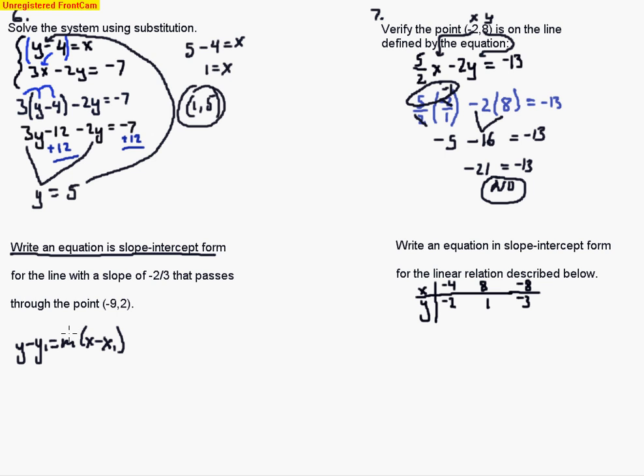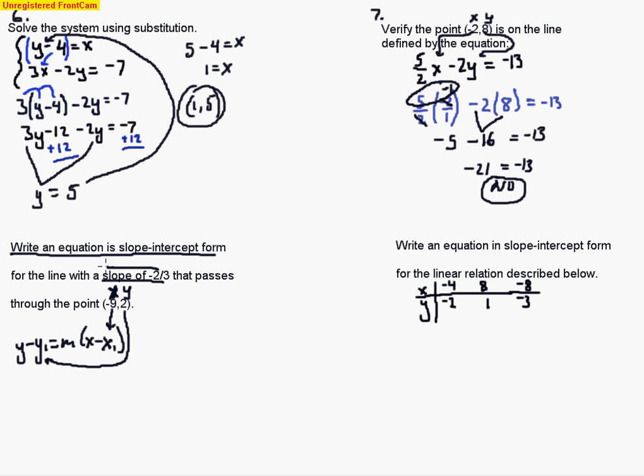So all we need for this formula is a point, which we have. This is our y value, our x value, and this is our y value. And the negative 9 is going to go in place of x1. The 2 is going to go in place of y1. Well, we also need a slope, and we're given that slope here. It says a slope of negative 2/3.